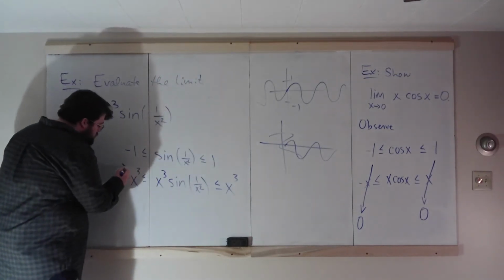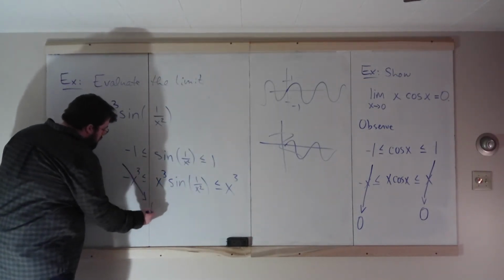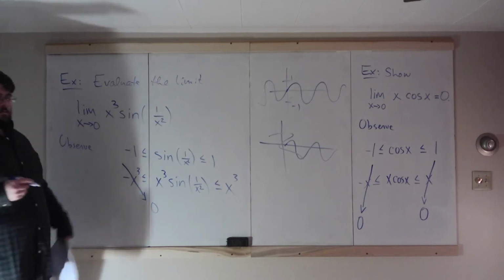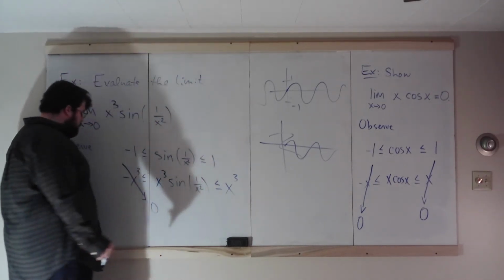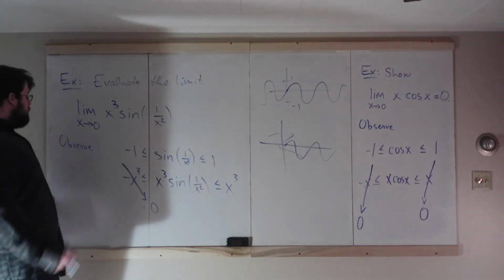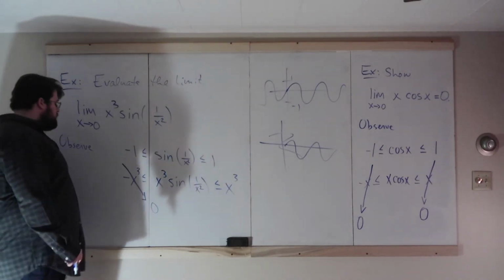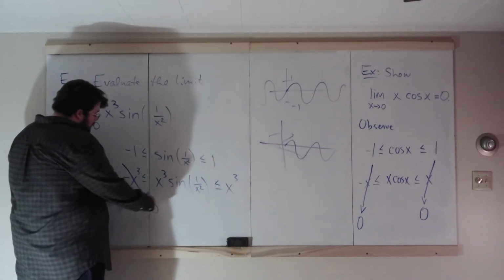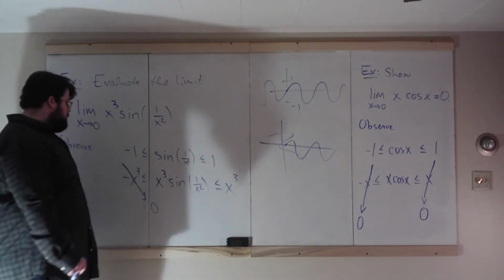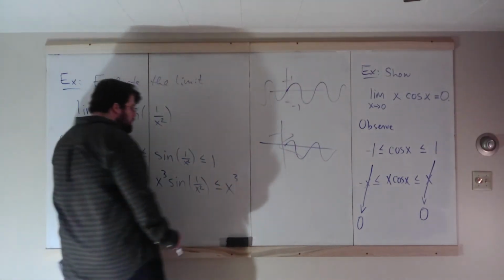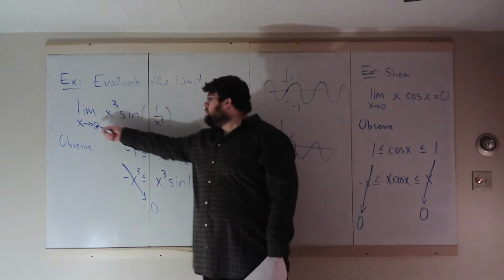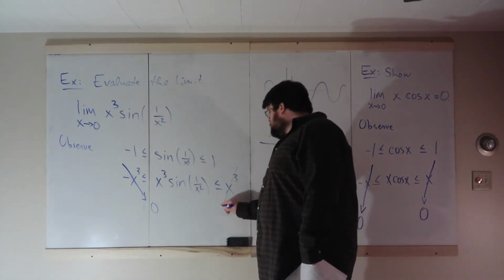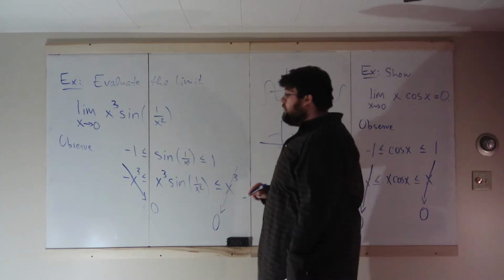Well, as x approaches 0, negative x cubed, through direct substitution or limit laws, the limit here is 0. Direct substitution: the limit as x approaches 0 of x cubed is also 0.